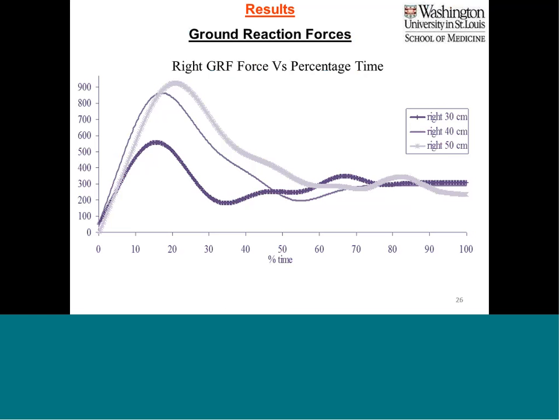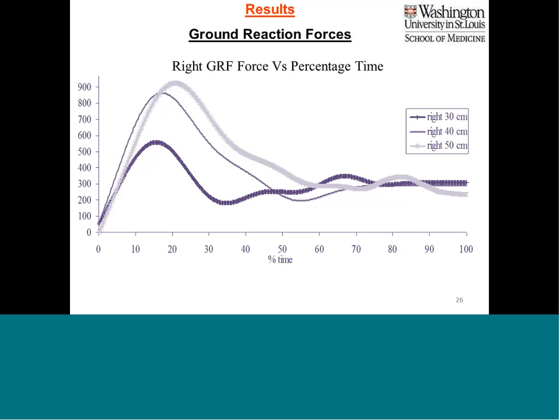So those were all parts of my modeling background, and now I start with the results from my study. The ground reaction forces were very much expected, with the highest ground reaction force from the 50 centimeter jump, followed by the 40 and 30.